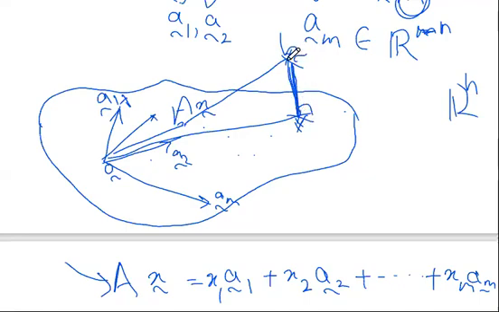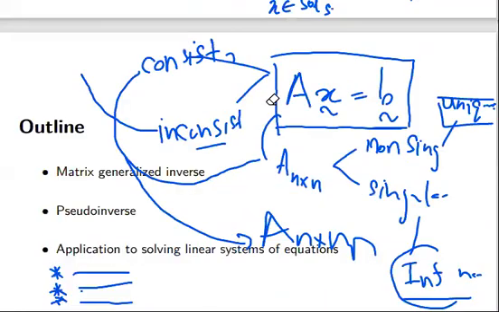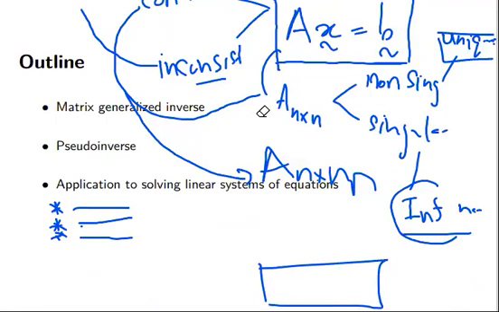So we can find the corresponding x so that we have the minimum distance between this column space and this outside point b. Got it? All right. Is this clear to you?